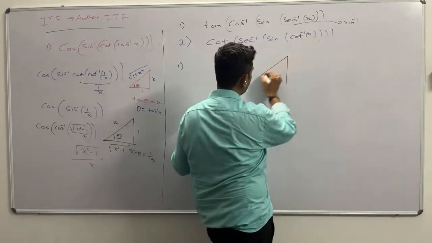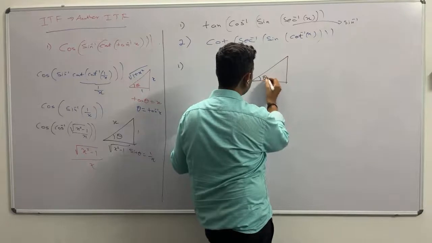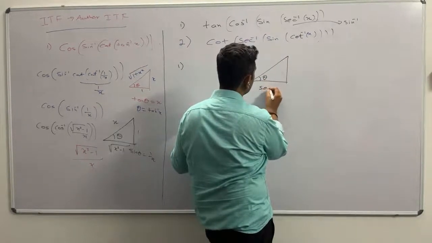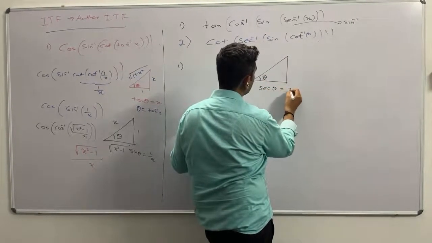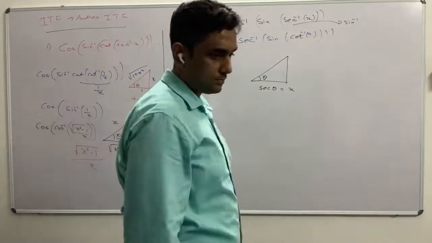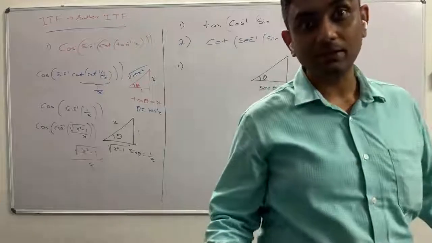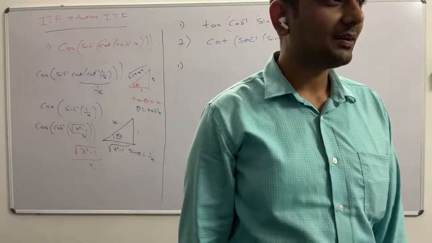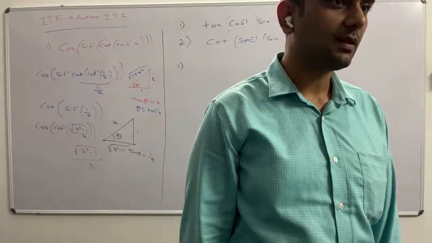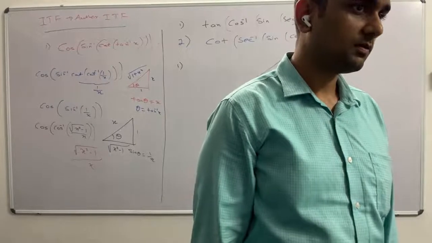So secant inverse x means if this angle is theta. Yes, so sometimes it might be that it is impossible. All right, so you might get impossible cases as well. So we have to check for it.